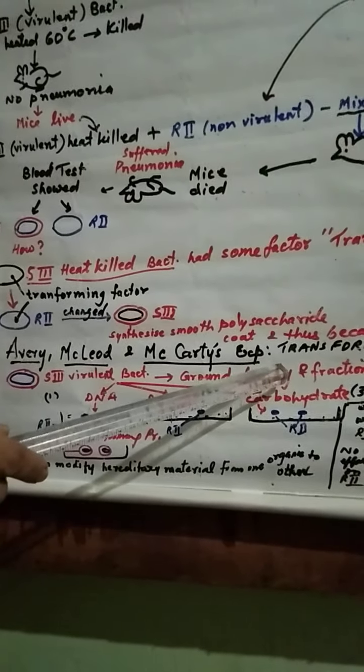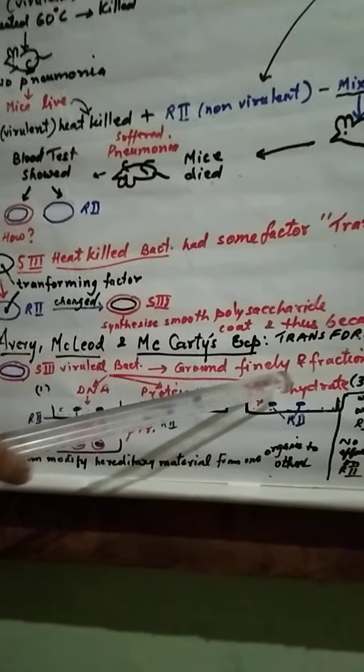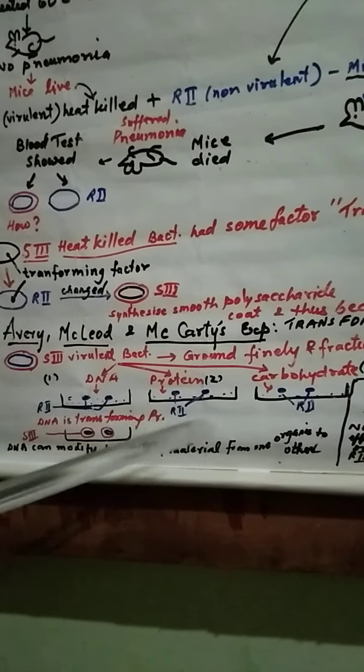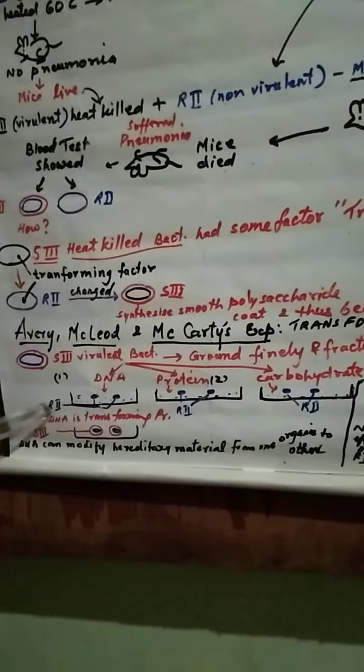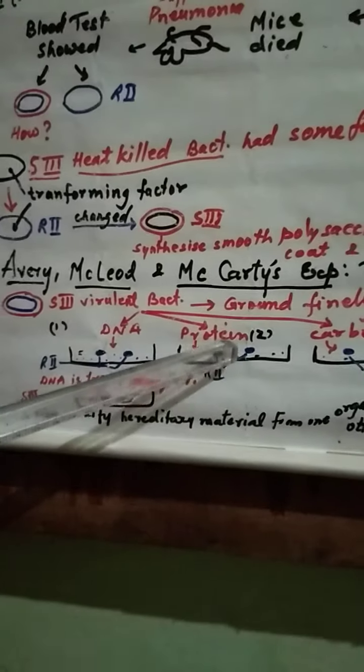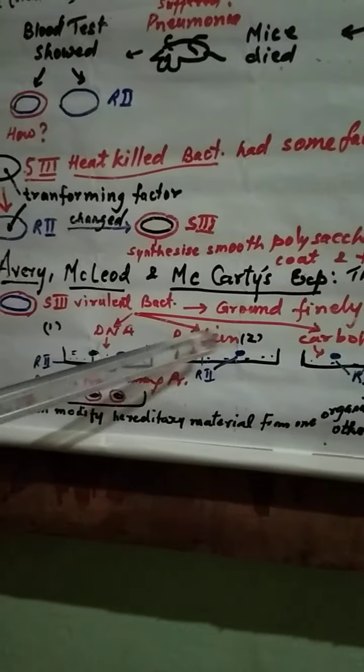Three fractions were there: one was DNA, second was protein, and third was carbohydrate. All three components were added in 3 Petri dishes which contain the R2, that is non-virulent bacteria. Here blue are the non-virulent bacteria. In these the components are added.